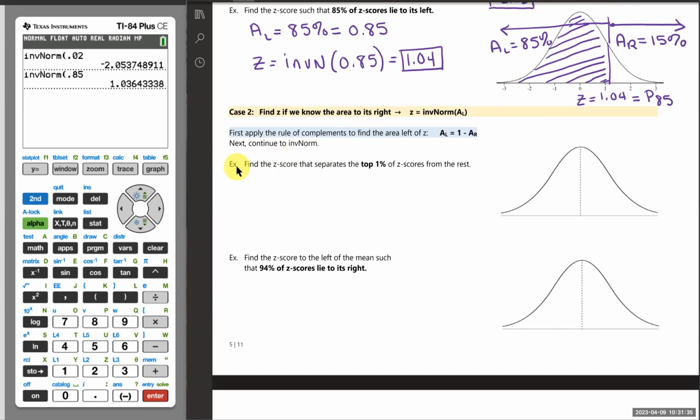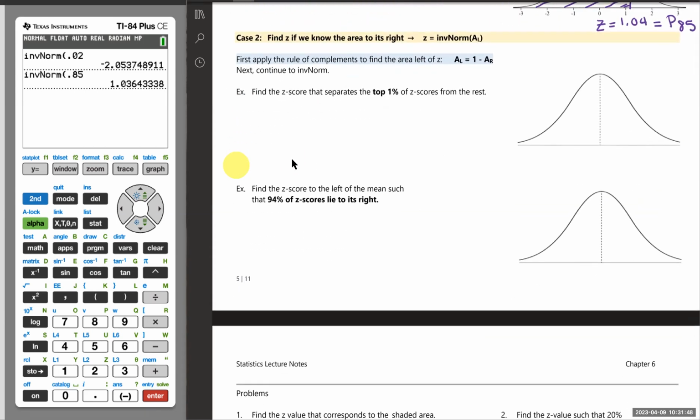All right, so this is the one where you're going to have to first find the area left and then use inverse norm. So for example, find the z-score that separates the top 1% of z-scores from the rest. So the top means to the right of it has to be 1%.